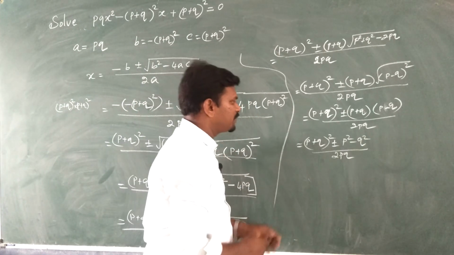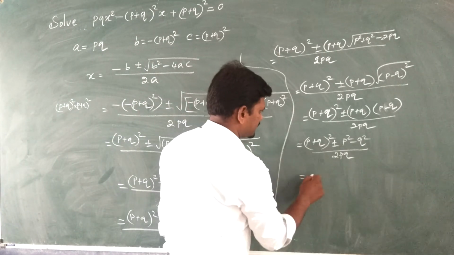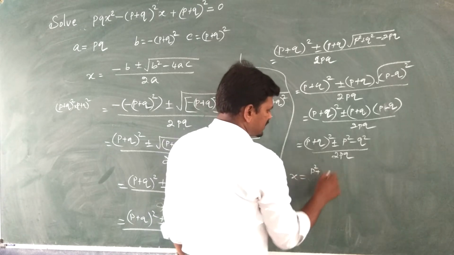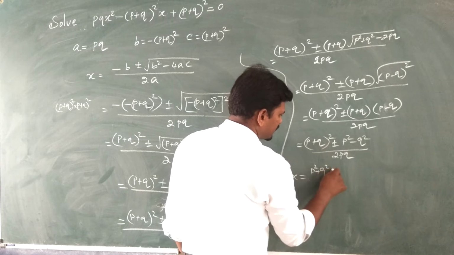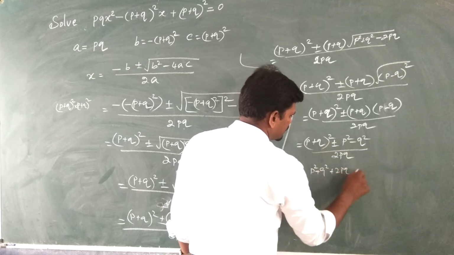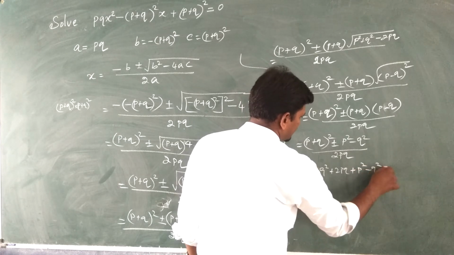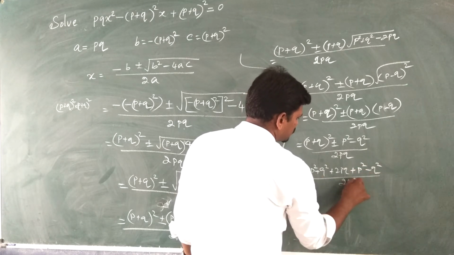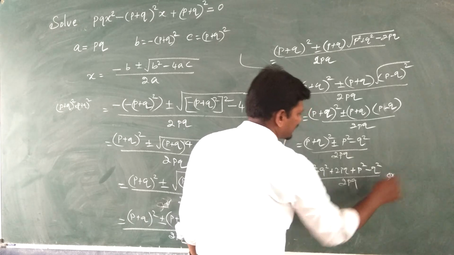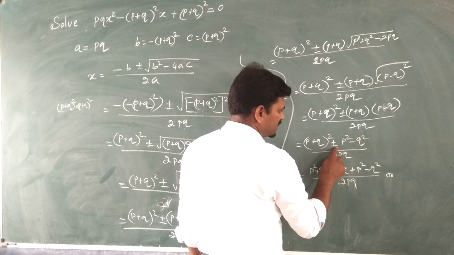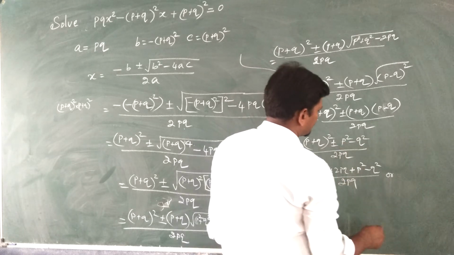Now we will split the terms. So x is equal to p square plus q square plus 2pq plus p square minus q square, by 2pq, or this is for plus. If it is minus, minus p square will come.